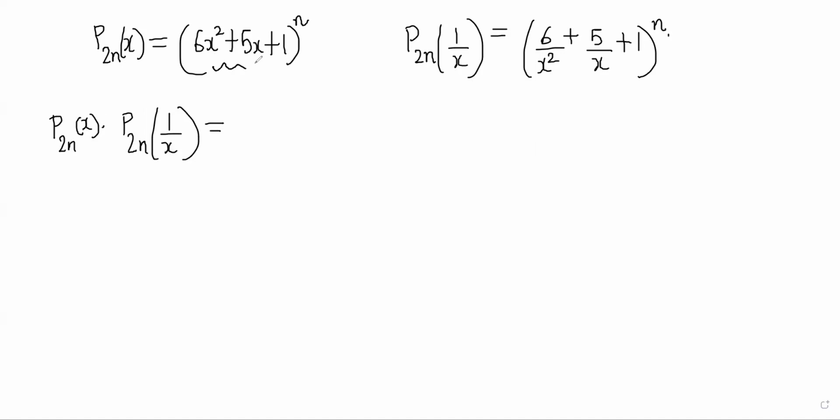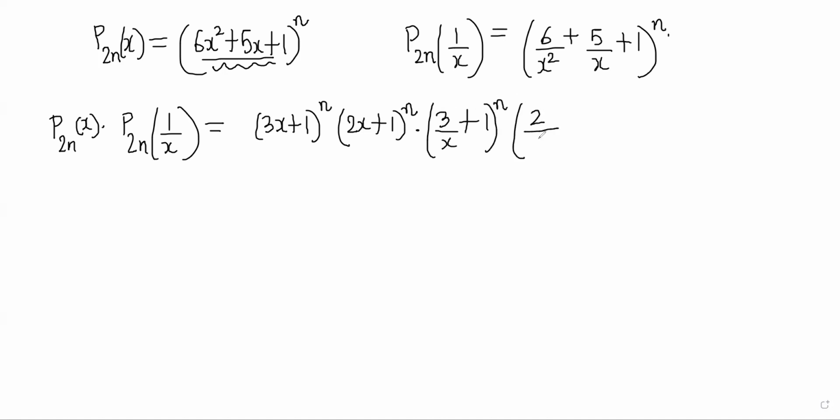you can try factorizing this. If you see here, this can be written as (3x plus 1) power n and (2x plus 1) power n. Upon factorizing this, this is what P2n of x is. And similarly, when you take 1 more x there, you will get (3 by x plus 1) power n and (2 by x plus 1) power n.